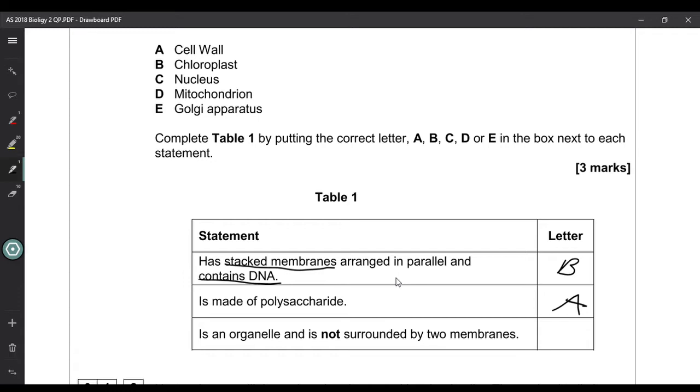So knowledge of membrane structure of the different organelles, and remember it's asking for organelles here. So we know that the chloroplast and the mitochondrion have got double membranes, as does the nucleus. So the only one left that contains a membrane is the Golgi apparatus, that is E.